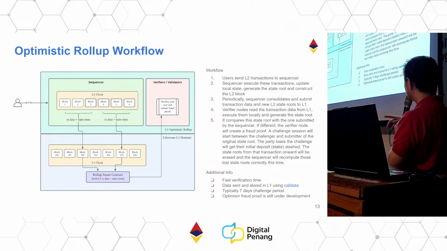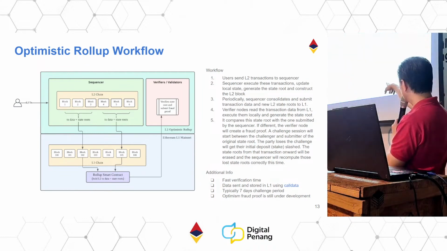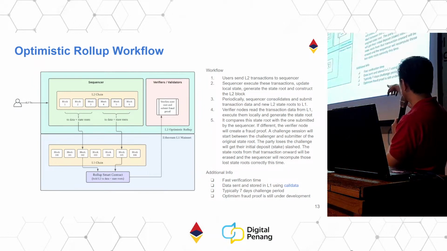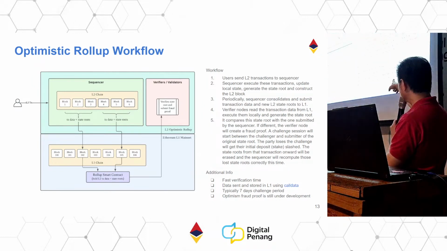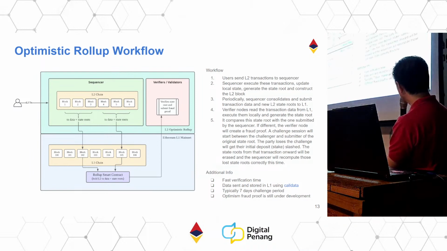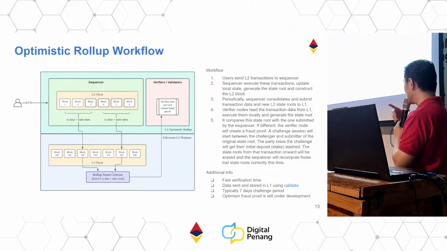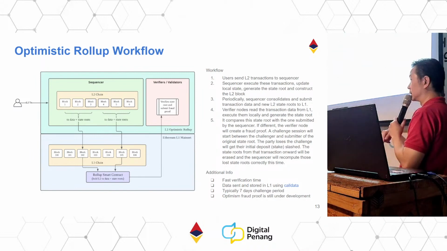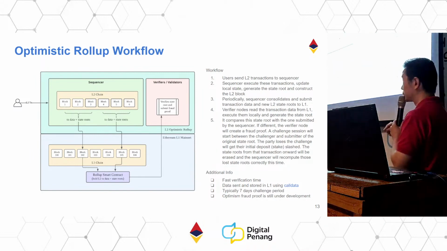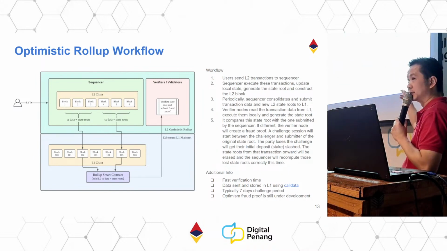So it's fast verification time. Data gets sent into the calldata. I've said this before: 7 day challenging period. And just one note here: Optimism today does not have the fraud-proof mechanism. It is still under development.